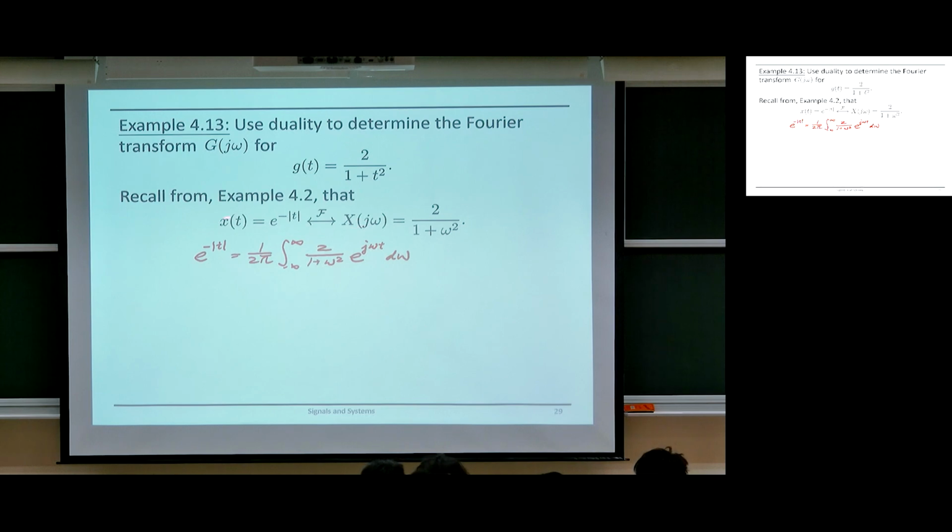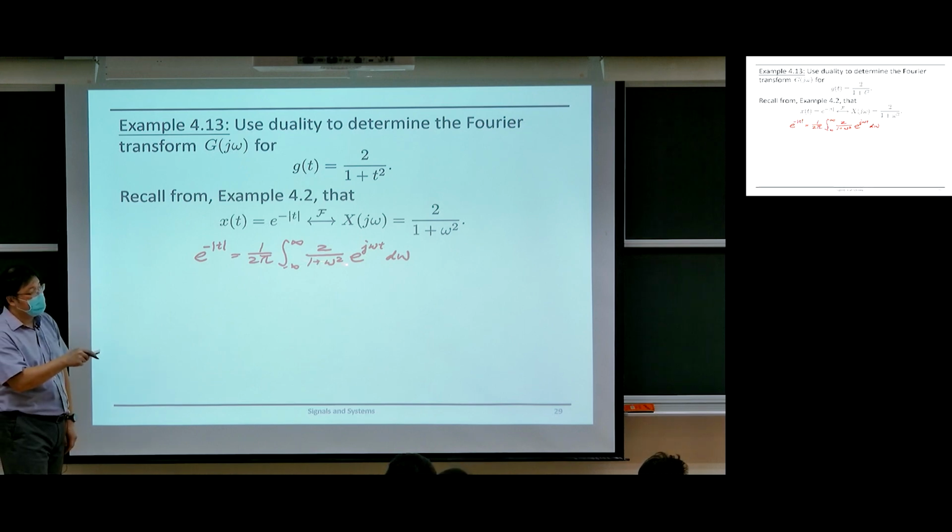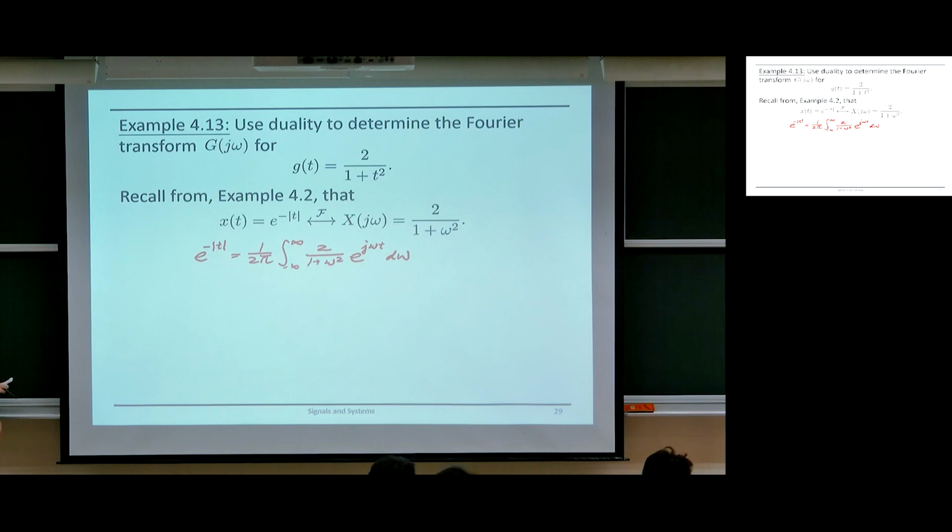So from this property here, we obtain this identity. Right? We know the integral of this 2 over 1 plus omega squared times e to the j omega t gives you a form that is this double-sided exponential. Okay? So deriving this integral directly is not straightforward, right? It's not as simple. But we know this identity holds because of this Fourier transform relationship.